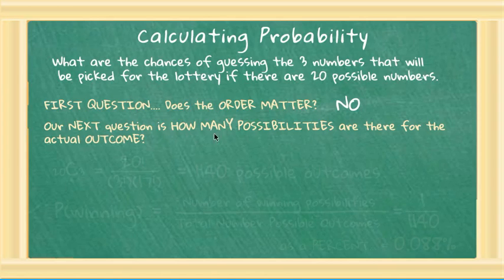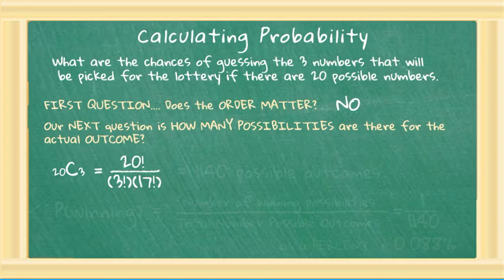So how many possible ways could we pick three numbers out of 20 to pick from? Okay, we set up here the order doesn't matter, so that tells us we're going to use our combination formula, and that's going to be 20 choose 3, which we know from before is 20 factorial over 3 factorial times 17 factorial, 3 taken away from 20.